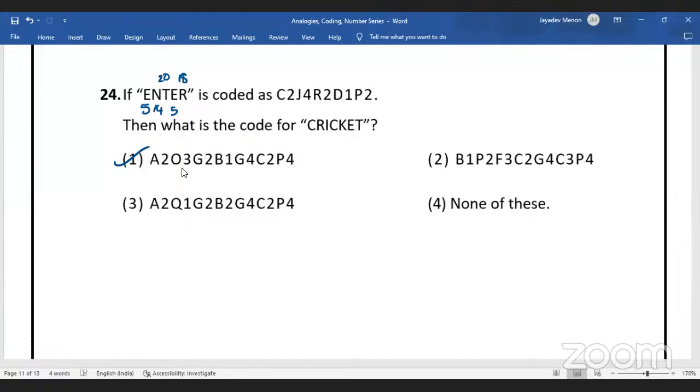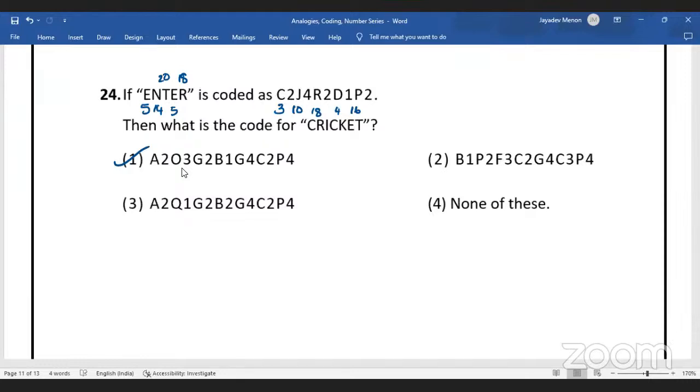Now the alphabetical position of C is 3, J is 10, R is 18, D is 4, P is 16.